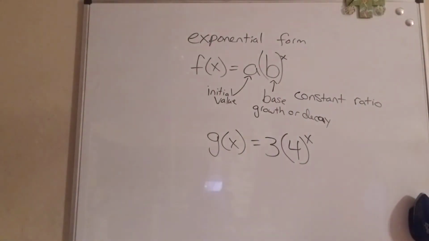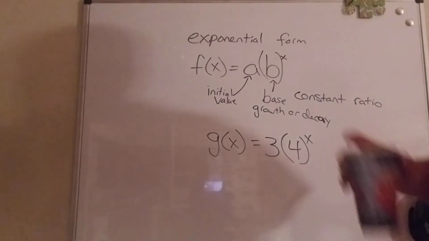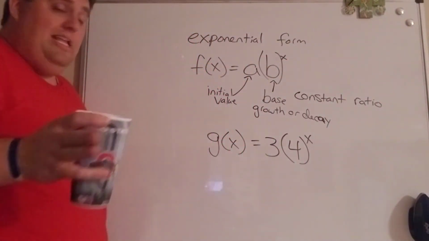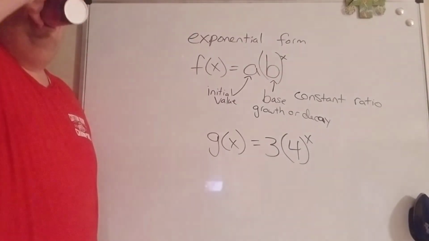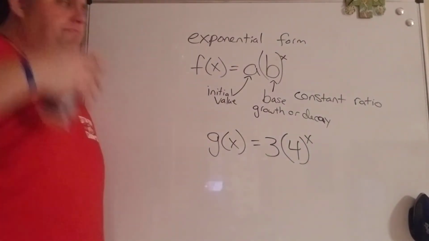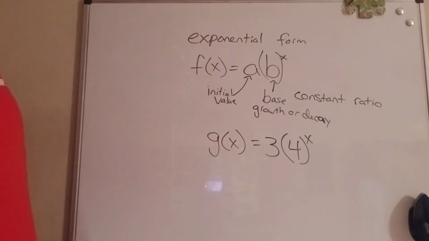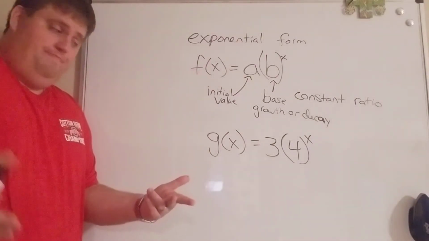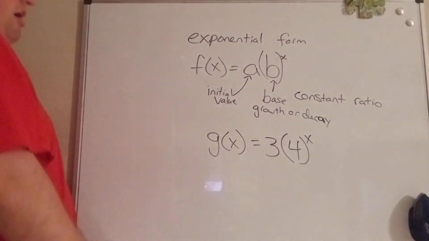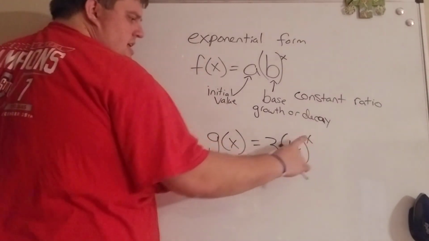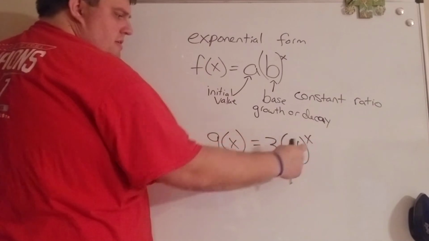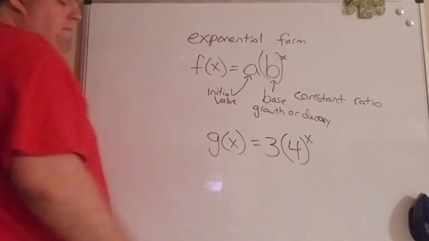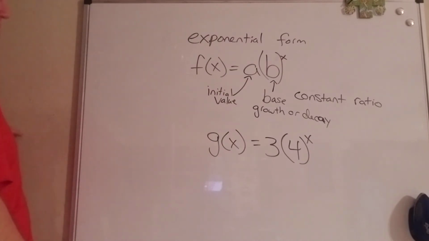We kind of know what this is going to look like. We know some information about this thing. First of all, I can tell you that it's exponential growth, because the constant ratio in there is bigger than 1. I also know that if x was 0, 4 to the 0 is 1, 1 times 3 is 3, this number here is going to tell me my y-intercept.